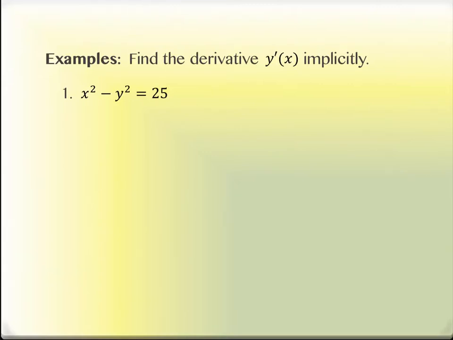So let me show you what implicit differentiation looks like. Now, you know that the derivative of x squared is 2x. And I mentioned just a moment ago that the derivative of y squared is 2y. But I also mentioned that there was a caveat to that. There's one extra little piece that you have to know about that I haven't talked to you about yet. So it's 2y. That's true.